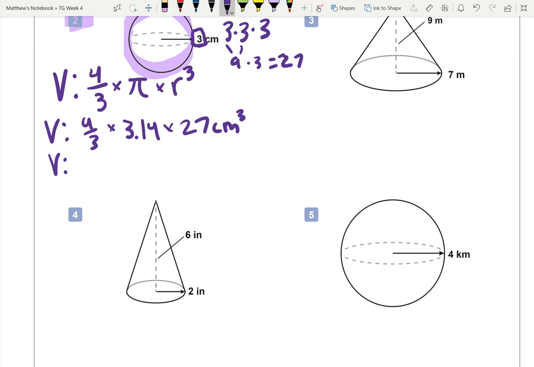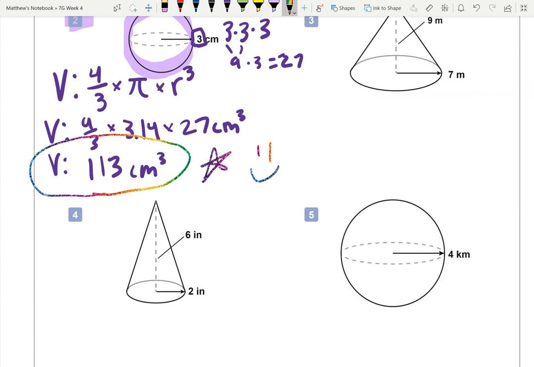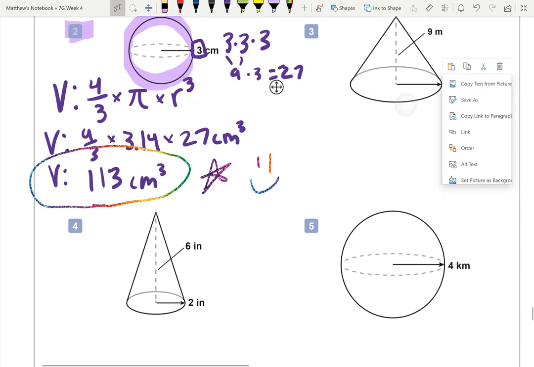And then we're going to multiply that by 3.14 times 27. That gives us 113 centimeters cubed. Go ahead and circle it. Nice rainbow pen. Boom. This is our answer. Put a star, smiley face, whatever you want to do. And we're moving on to the next problem.